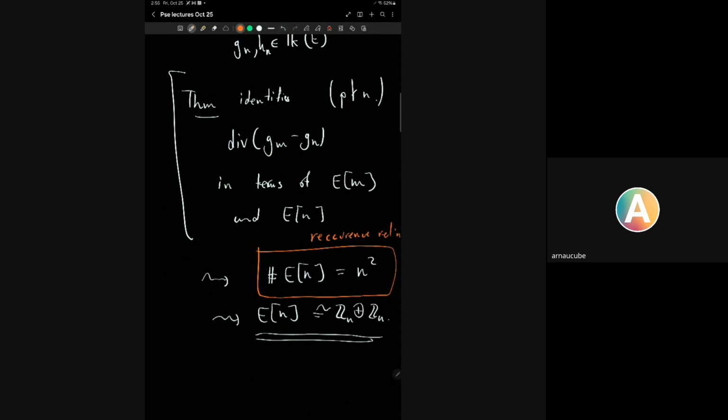And after we knew that this is n squared, then we used the classification of abelian groups and some basic properties of En, because we know that En, for example, cannot be Z modulo n square, because in Z modulo n square we have an element of order n square, right? And in En, all the elements have order at most n. Other questions?